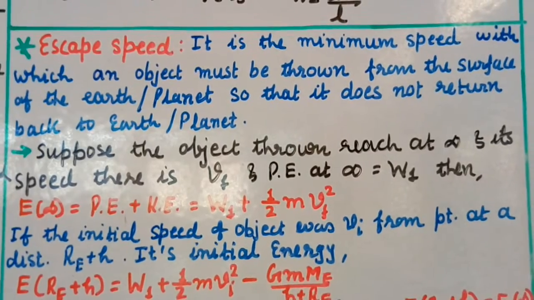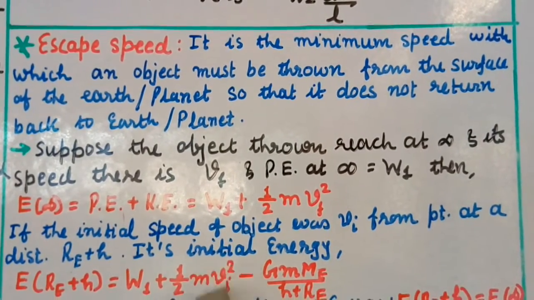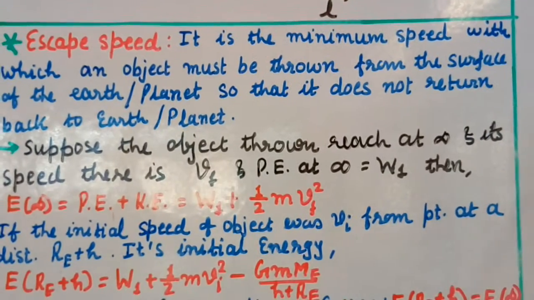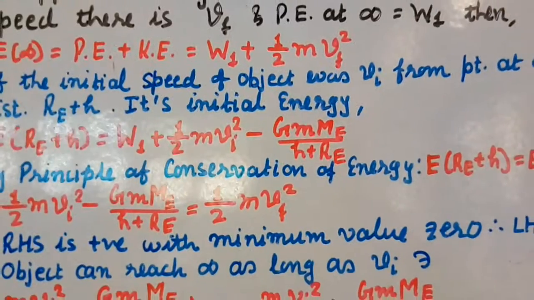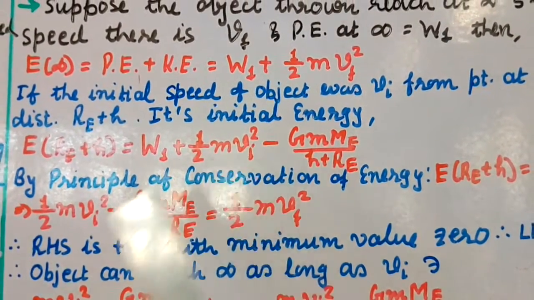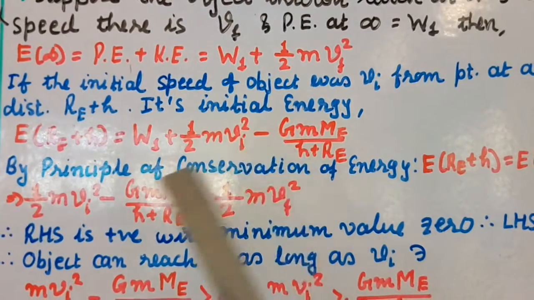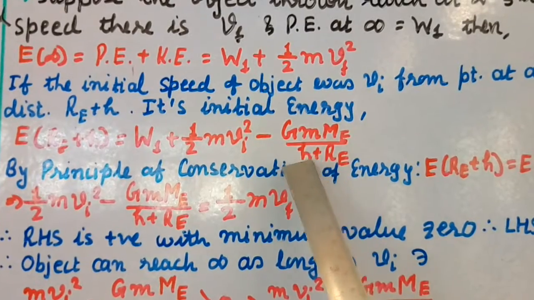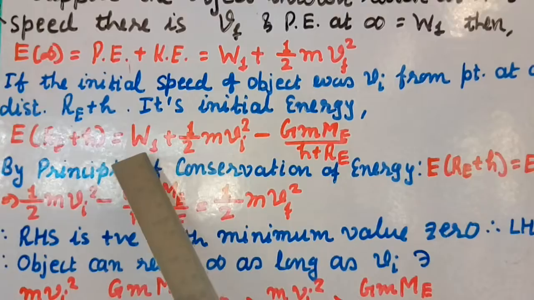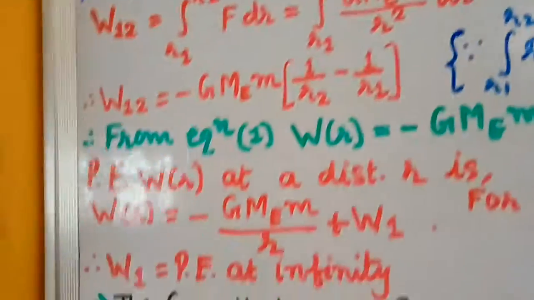So here E at Re plus h equals W1 plus 1 by 2 m Vi squared minus G m Me divided by h plus Re. This is the kinetic energy, 1 by 2 m Vi squared, because I am taking Vi as the initial speed. And minus G m Me divided by h plus Re plus W1, this is what we have done previously, the potential energy.